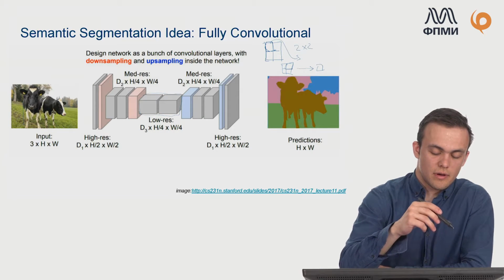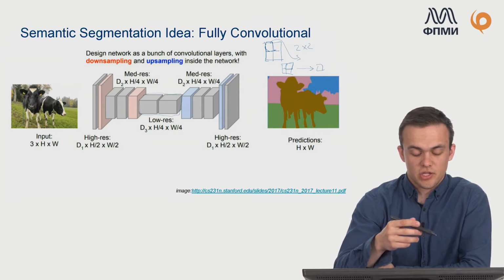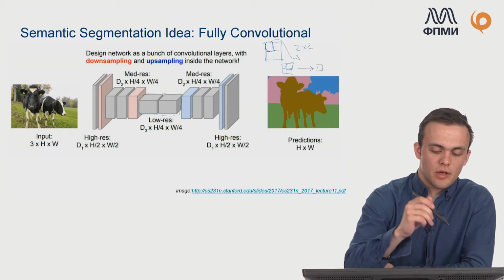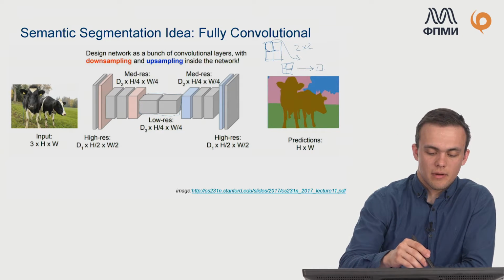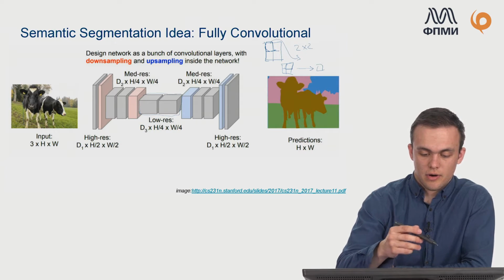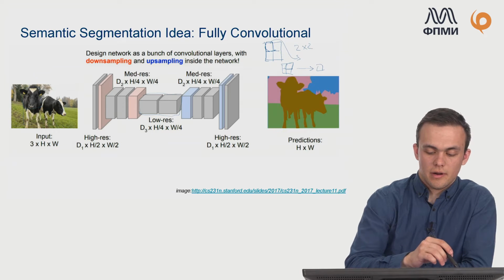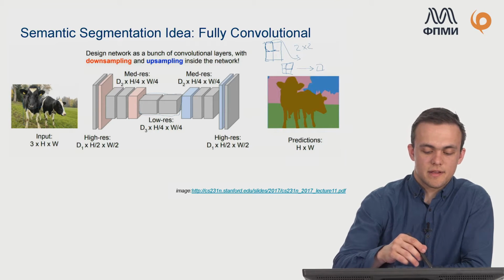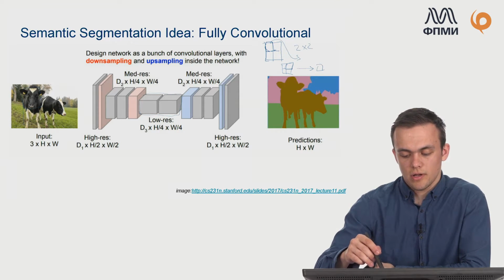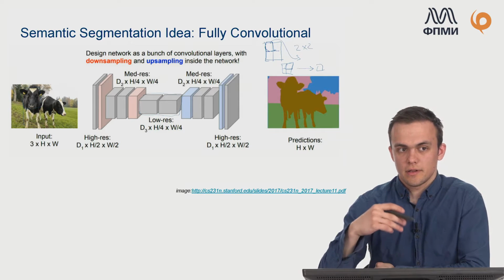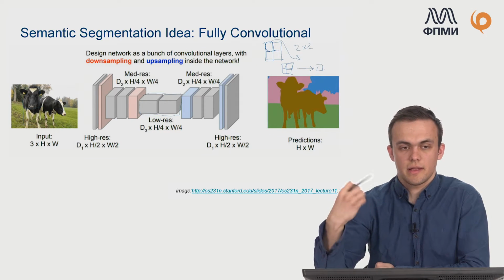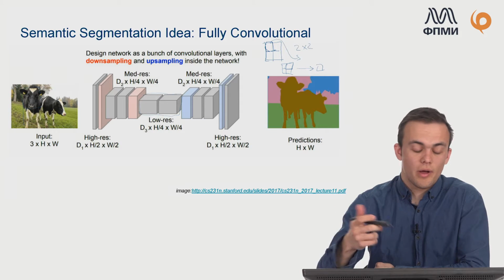If your convolutional network solves a classification problem, some part of your convolutional filters say, yeah, I found a cow, and this information should just flow to the end, and you just need to say, yeah, there is a cow.